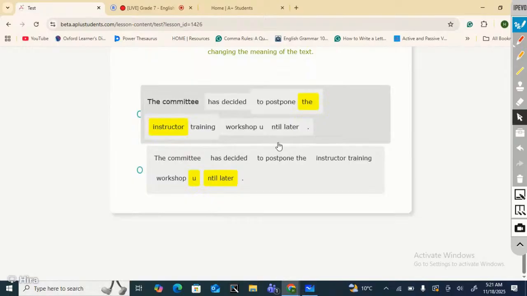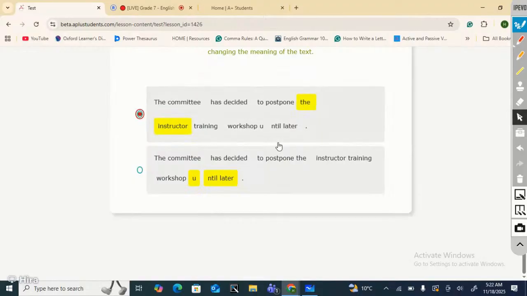So which one is correct? The committee has decided to postpone the instructor training workshop. Well, the word training should be removed, because workshop and training have the same meaning. So yeah, we'll select this.